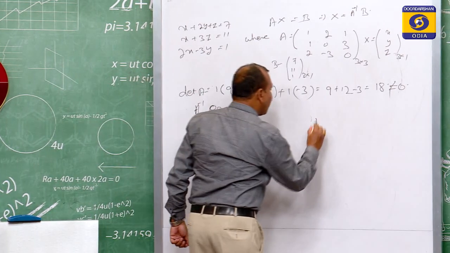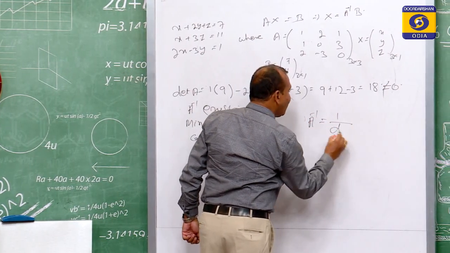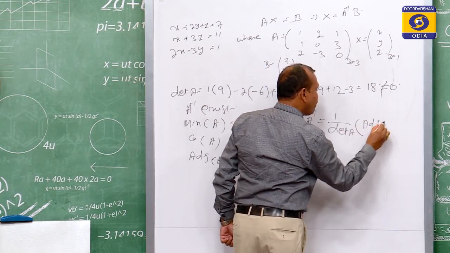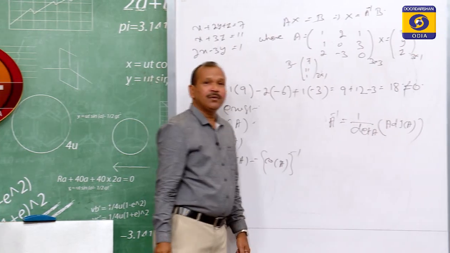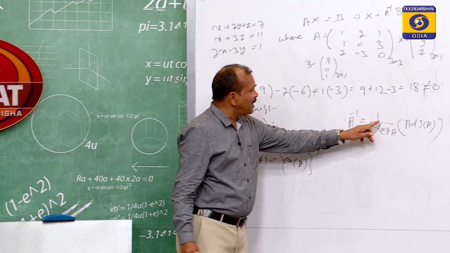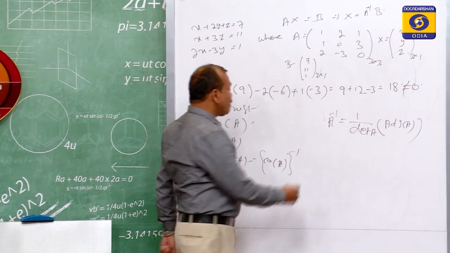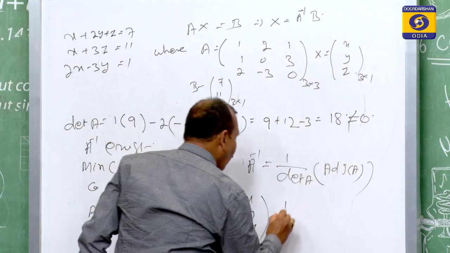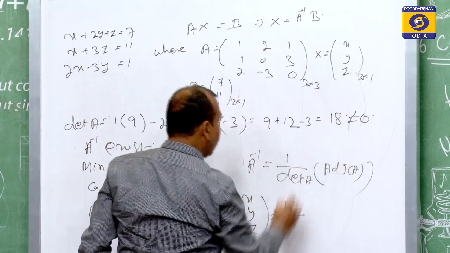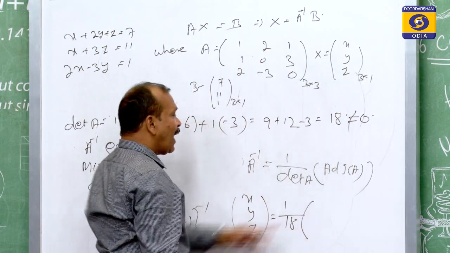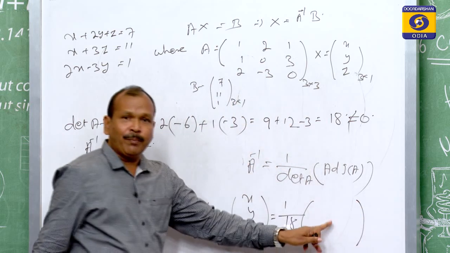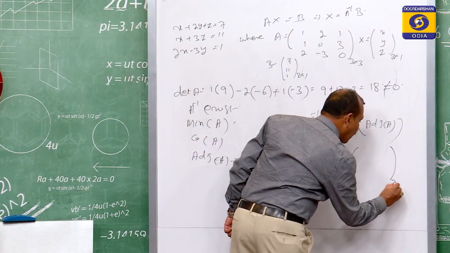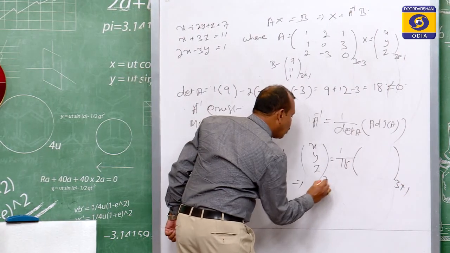Then A inverse is equal to 1 by det A into adjoint of A. After getting this A inverse, we have the X matrix x y z equal to 1 by 18 into the adjoint matrix, then multiplying, this is a 3 cross 1 matrix.